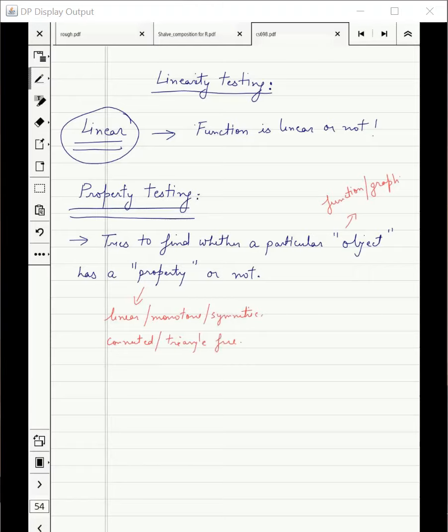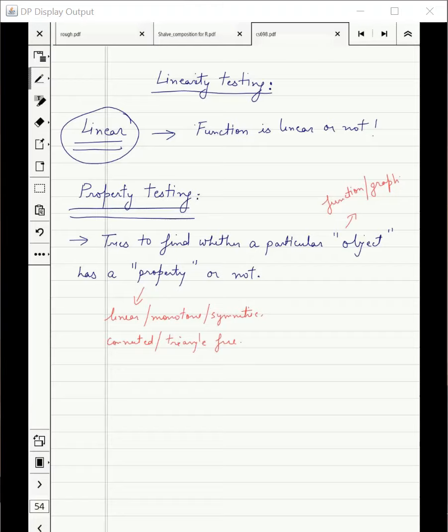Right? The objective of this field is you are given some kind of a structure or an object. For example, think of a graph, and you want to check if it has a desired property or not.